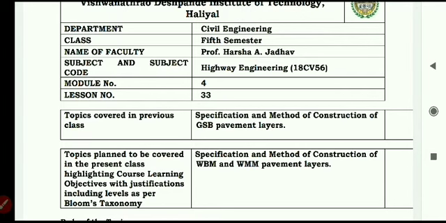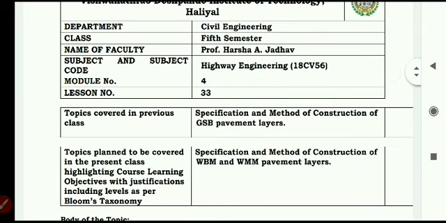For example, for aggregate, standard specification values are mentioned for different types of quality control tests. Whatever aggregates you are using in the construction of highways, that particular aggregate is taken to the testing laboratory and tested with the respective tests. If the value you get after the test lies within the standard recommended results given by the IRC, then that material can be used easily for the construction of highways.